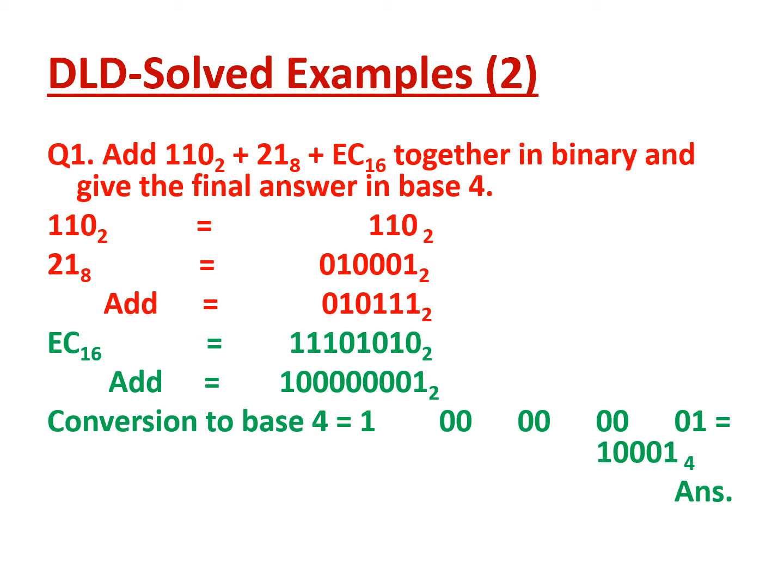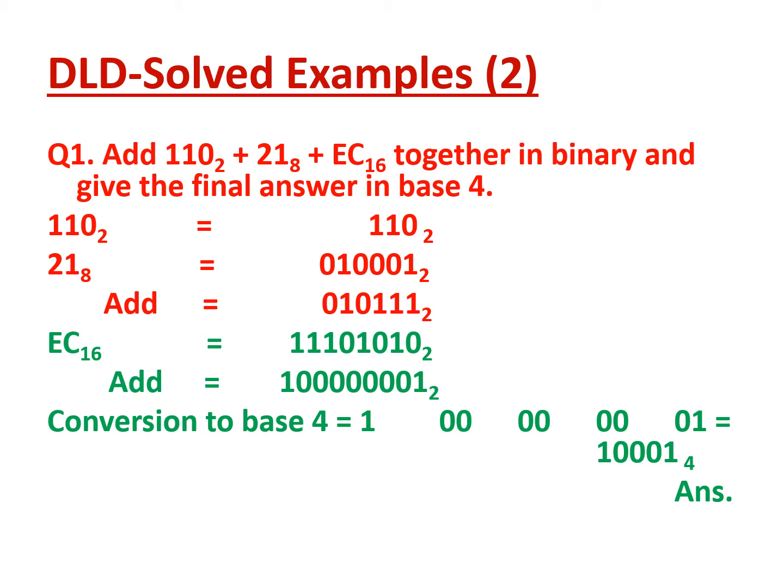Now since we have to convert it to the base 4, and you know that only 2 bits are required to generate 4 combinations, for example 00, 10, 01, and 11. Then we take the combinations of 2, or pairs of 2, starting from the right.